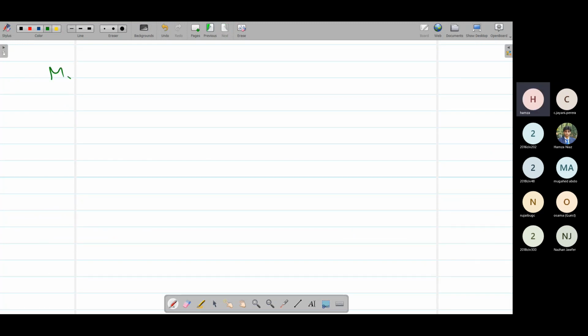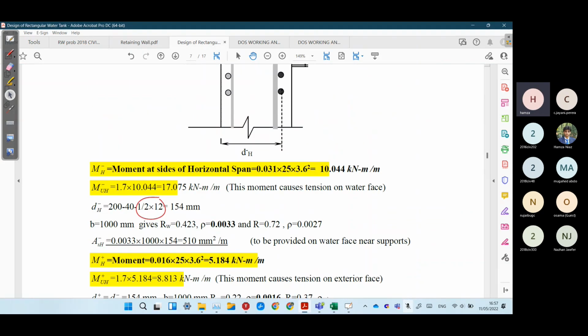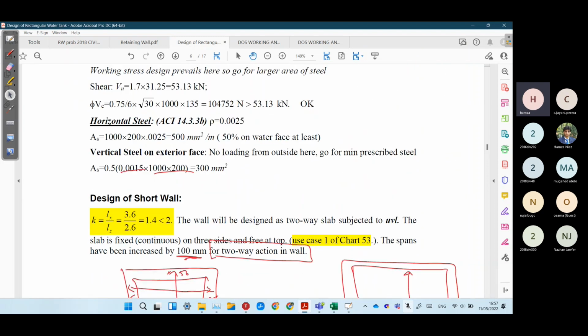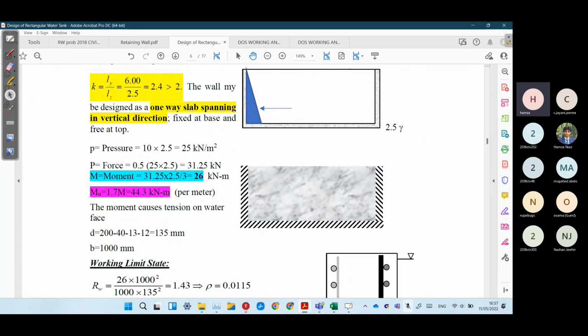So Mx negative, we can simply take whatever the value of moment was in the long wall. This is a short span, it would meet the long wall. So the moment in the long wall was 26.